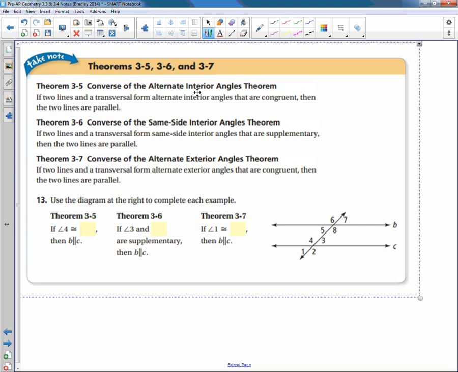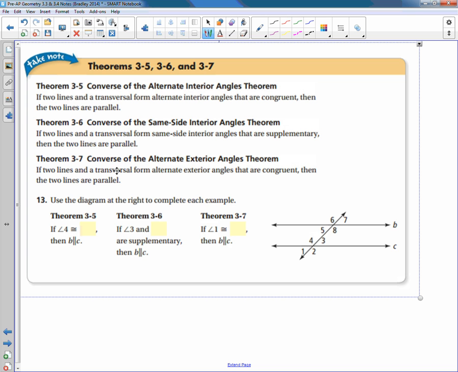The converse of the alternate interior angles theorem states that if two lines and a transversal form alternate interior angles that are congruent, then the lines are parallel. Same side says if two lines and a transversal form same side interior angles that are supplementary, the lines are parallel.